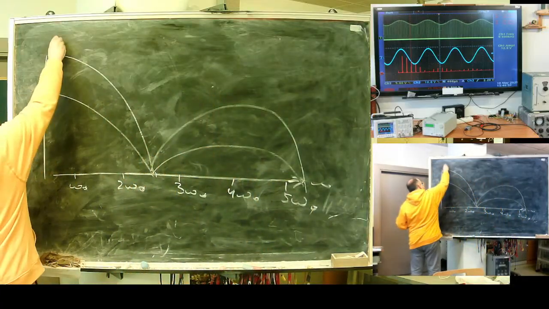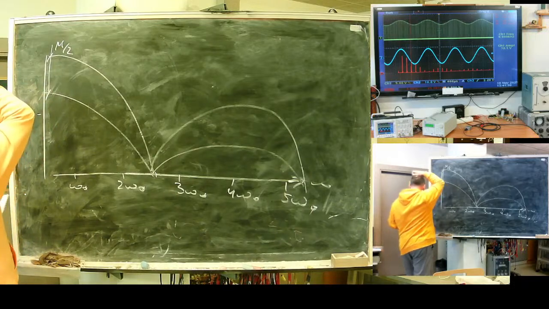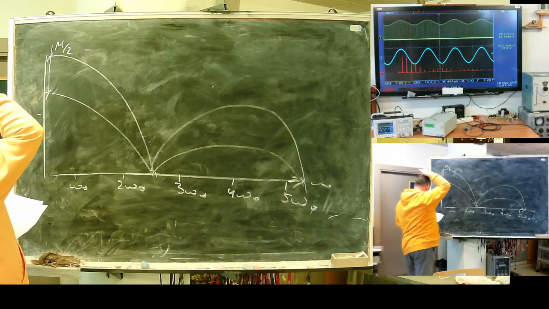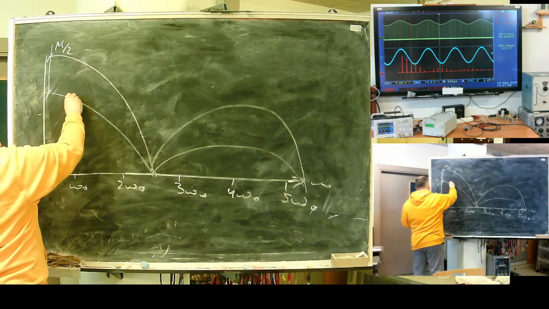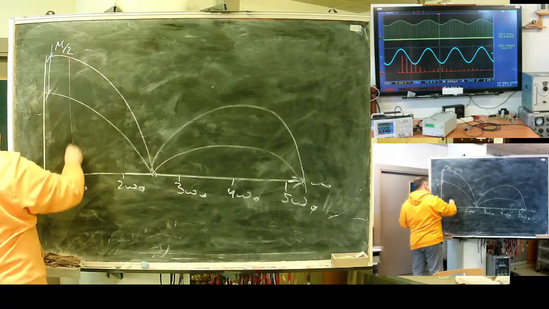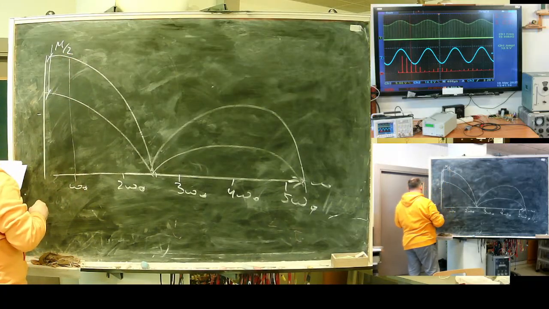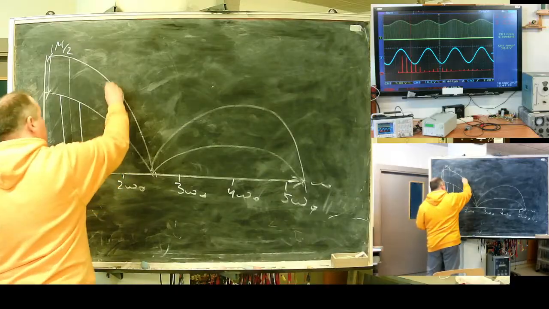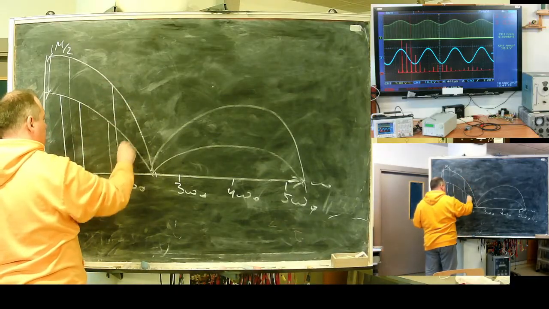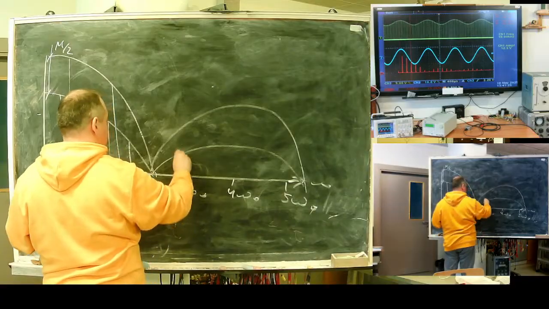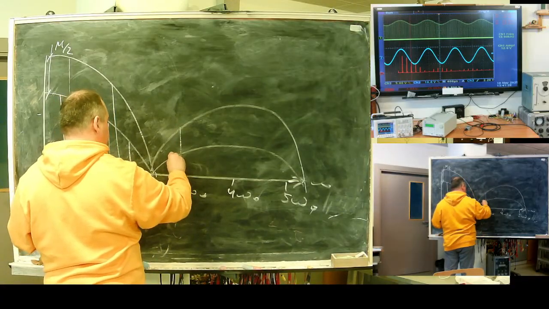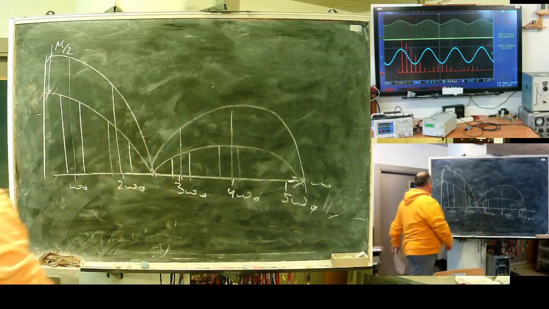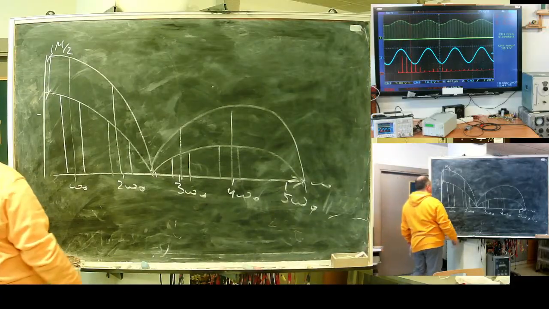Distance between this is m by half. And we will get here at omega 0 goes up. This signal appears to be asymmetric in its sideband.